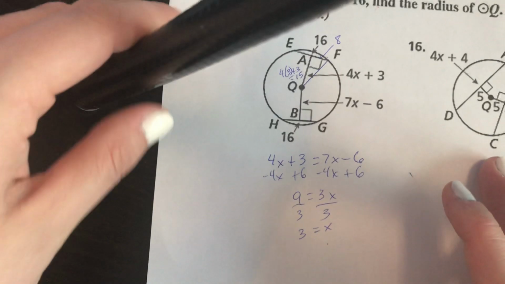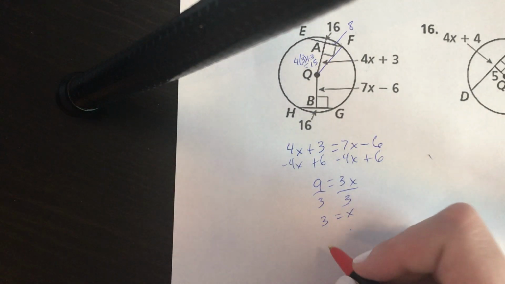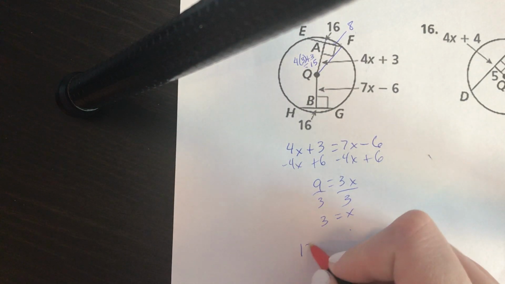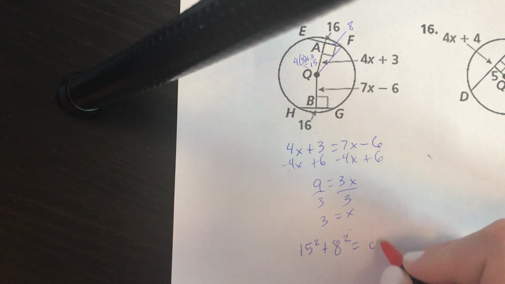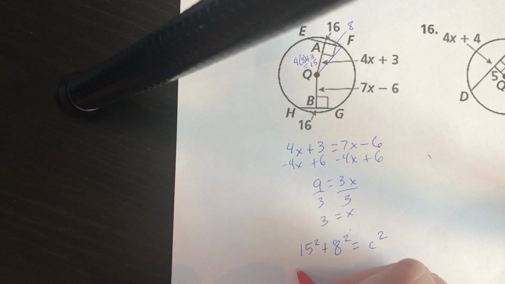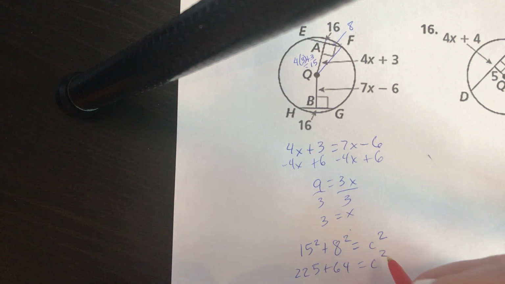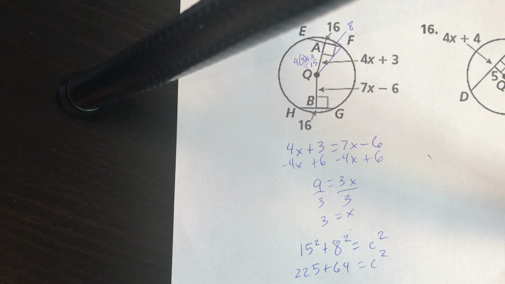I would find my radius by using my Pythagorean theorem. So 15 squared plus 8 squared equals c squared. This is 225 plus 64. Okay, and then I'm going to use my calculator.